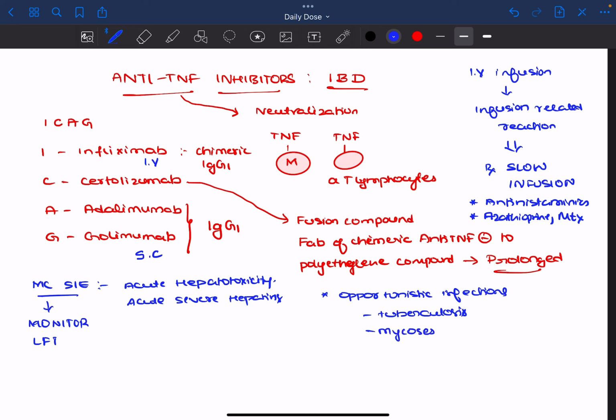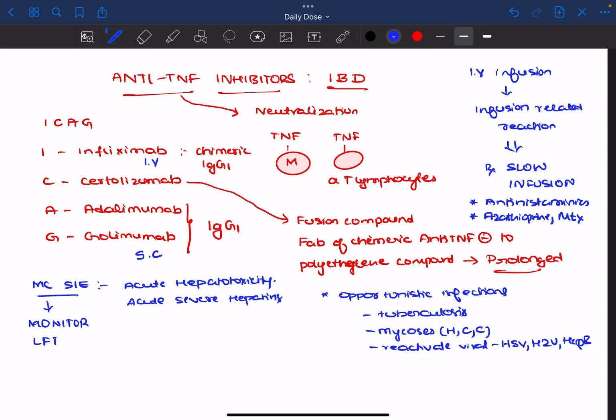Mycosis can be histoplasmosis, coccidioidomycosis, candidiasis, etc. And also it can reactivate viral infections, that is herpes simplex virus, herpes zoster virus, hepatitis B virus, etc.